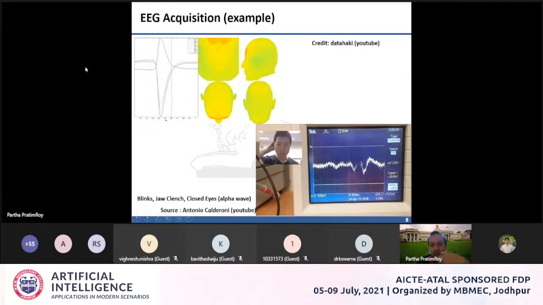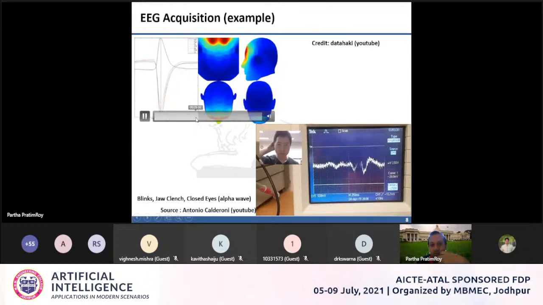And in this waveform, when it is at the peak, that means there is large activity. From this EEG you can find this time, and from the fMRI image you could also understand.